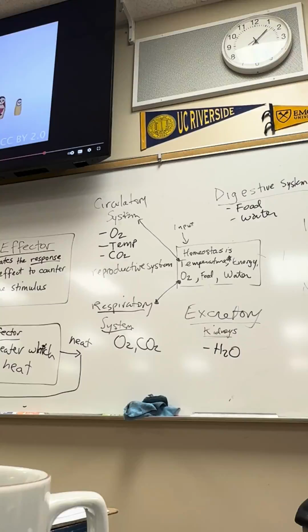Temperature goes up. The same here, whatever the output is negatively impacts the start. So you should draw an arrow coming from the effector and then going back to the stimulus. Okay? Does that make sense?